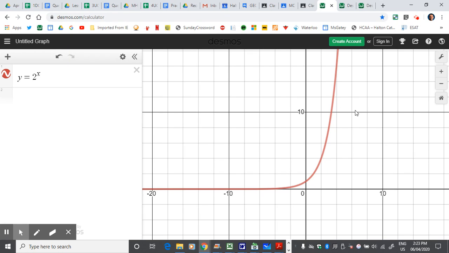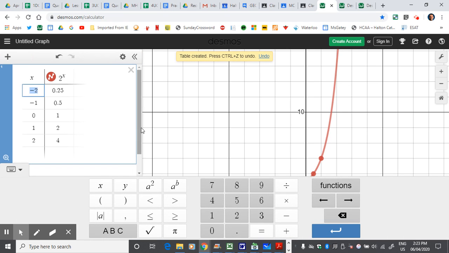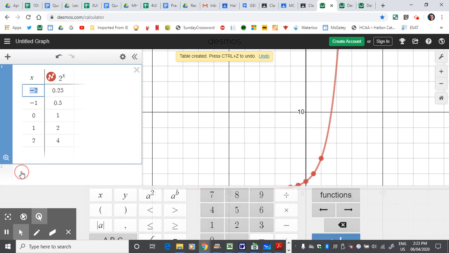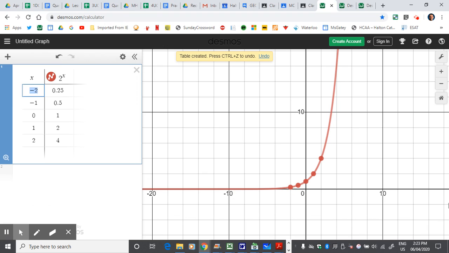I'm going to just change that equation now so we can see it as a table of values, just to be able to examine all the key values that make up that function. You'll notice that we have a y-intercept of 1, and that's because when I put an exponent of 0 on 2, then I get a value of 1.